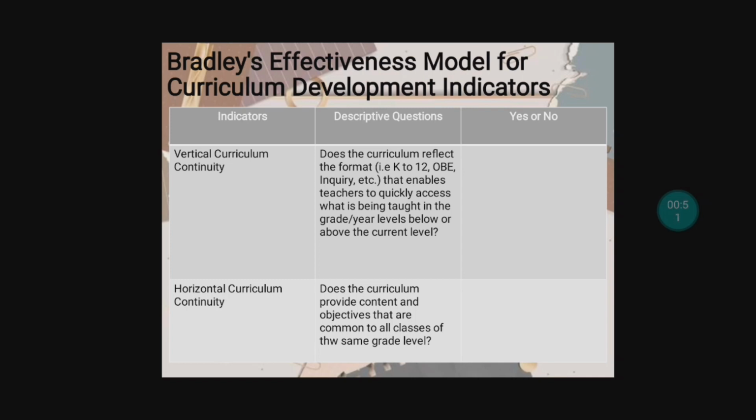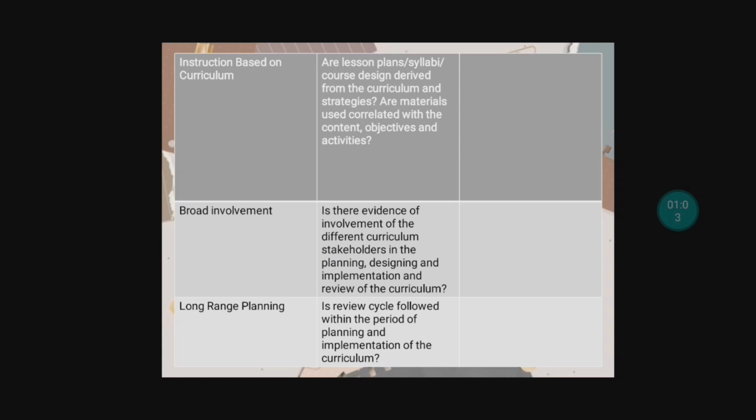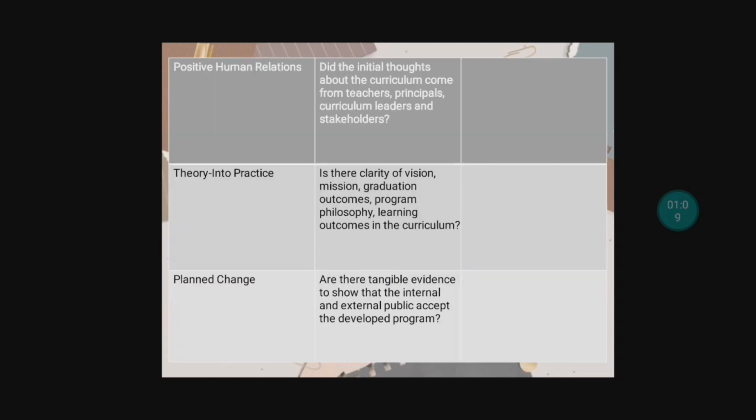Basically, it looks at whether the curriculum meets the pre-established indicators, which are vertical curriculum continuity, horizontal curriculum continuity, instruction based on curriculum, broad involvement, long-range planning, positive human relations, theory into practice, and planned change. So this is how Bradley's effectiveness model for curriculum indicators looks like.